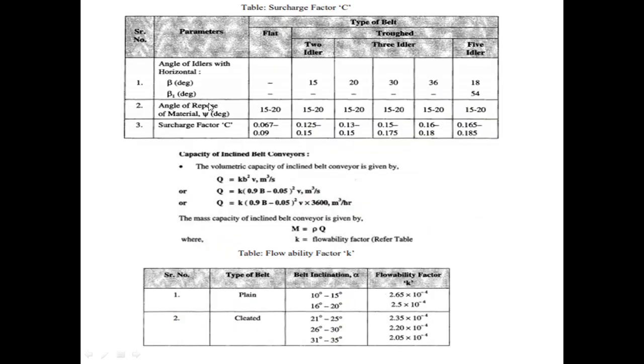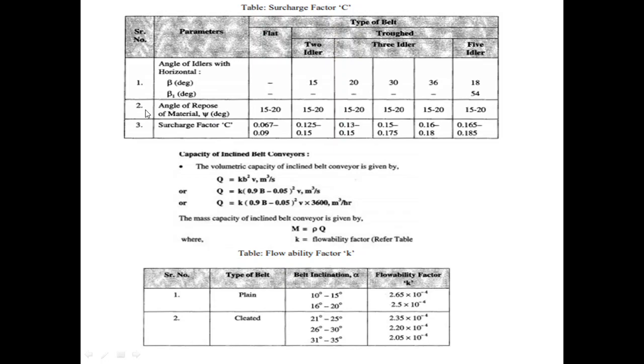These two angles are given here. Angle of idler with horizontal: for the flat belt the angle is 0. If I have a 2 idler, this value is 15. For a 3 idler, this value is 20, 30 or 36, and for a 5 idler, this value is 18 to 54.